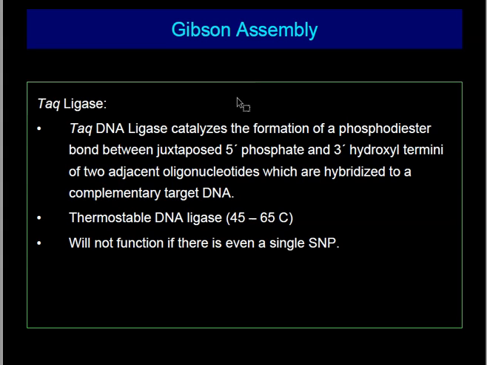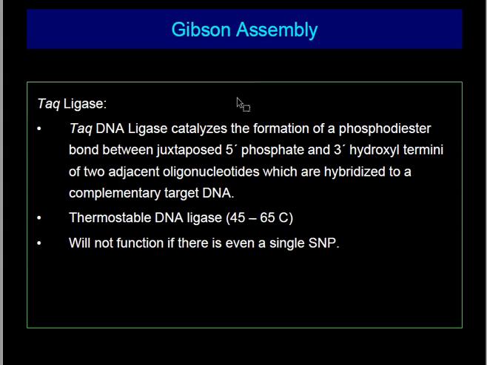Now what we have to look at is the manner in which these enzymes basically function. So one of the constraints is temperature. As the reaction is carried out in the range of 45 to 65 degrees Celsius, all three enzymes should function at this temperature, as the reaction is carried out in a single tube.